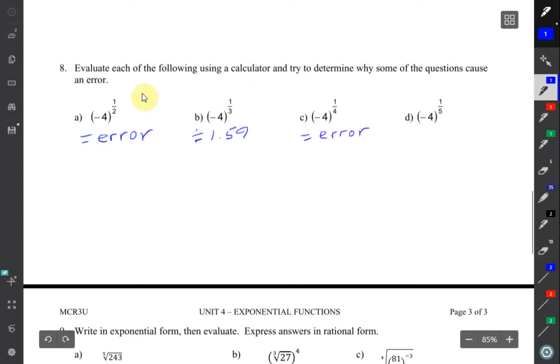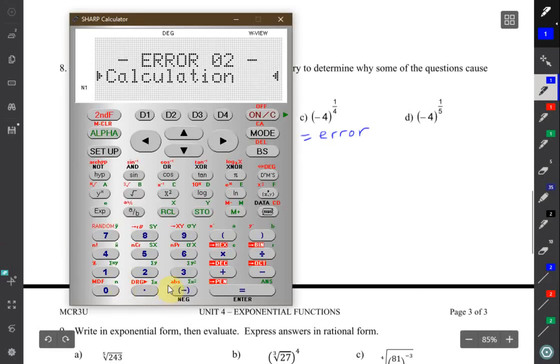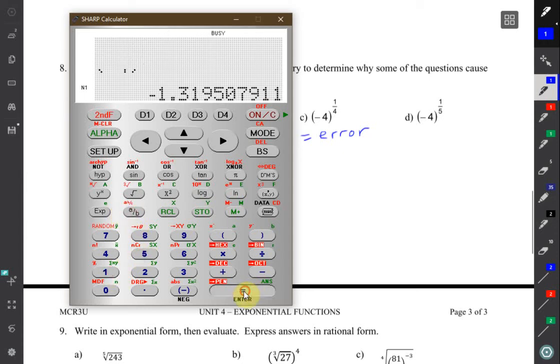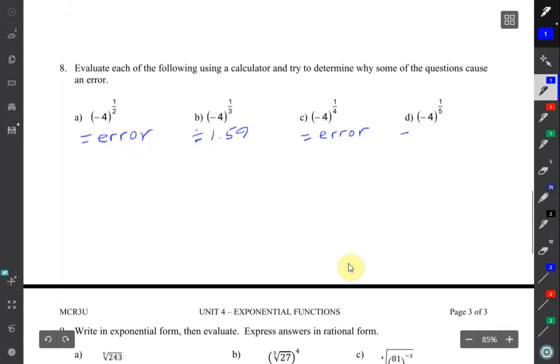And finally, minus 4 to the 1/5 equals minus 1.32.